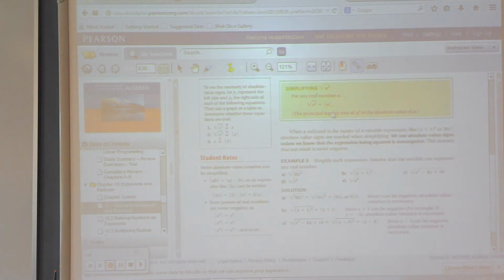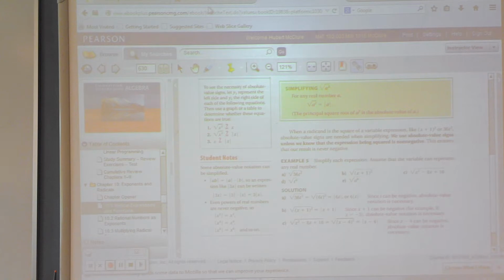This right here tells you that the square root of a squared is going to be the absolute value. Now, that goes against what I just said about the positive or negative. When they're asking for a square root and they tell you to make it positive, that's what they're talking about, as far as a variable goes.